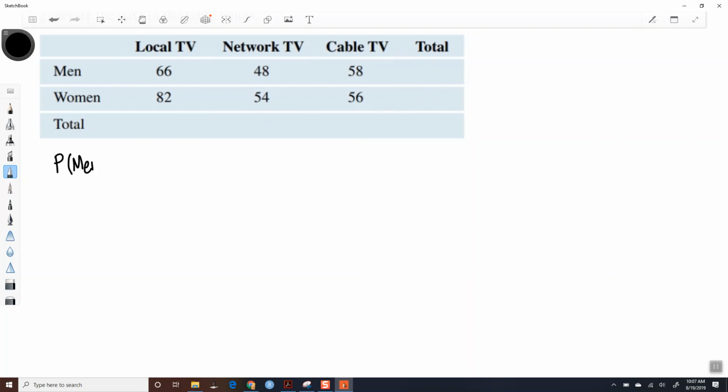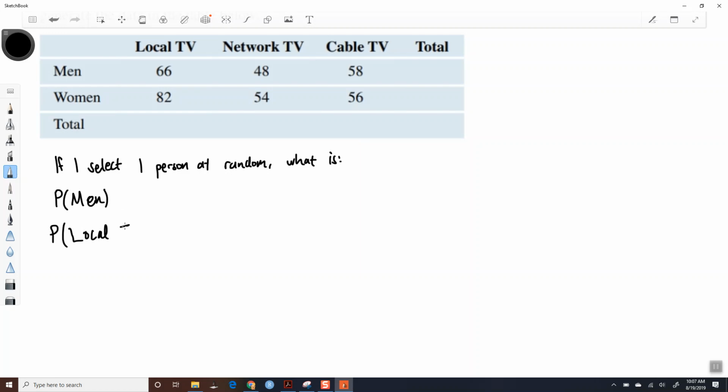So let's start with a few basic questions. This is all with the preface of, if I select one person at random, what is, and we're going to ask, selecting from that group, from here.